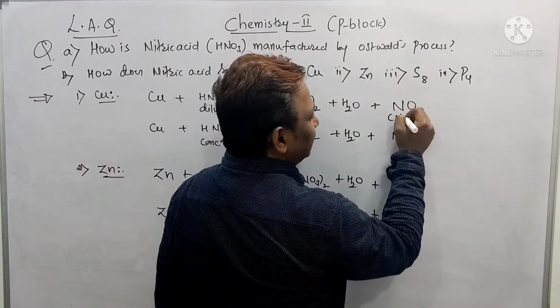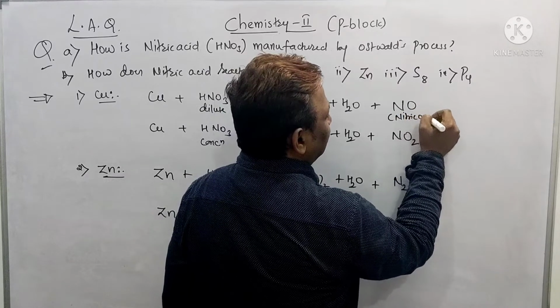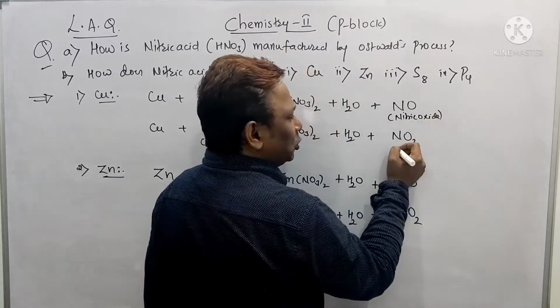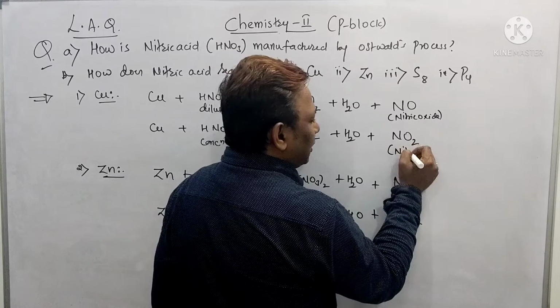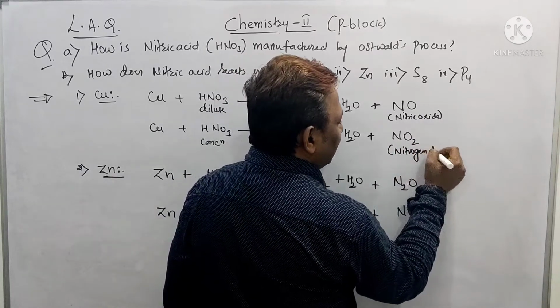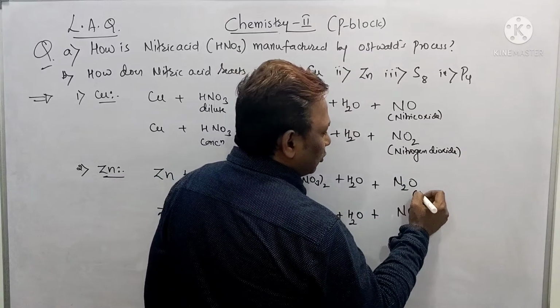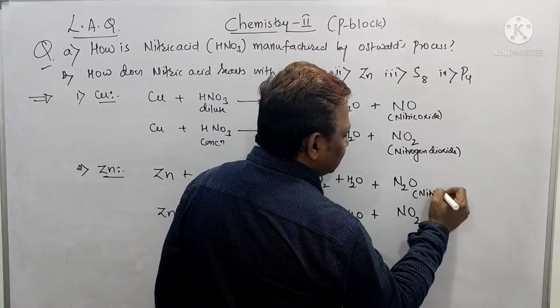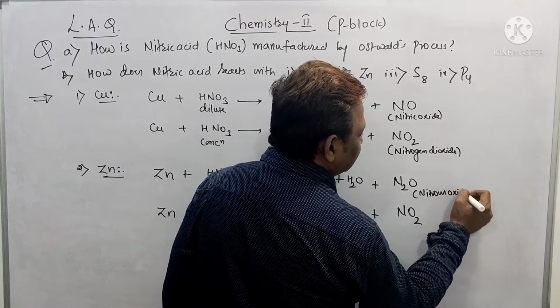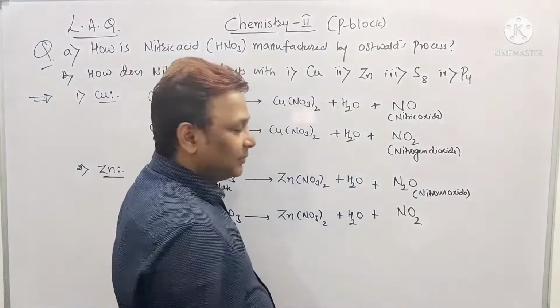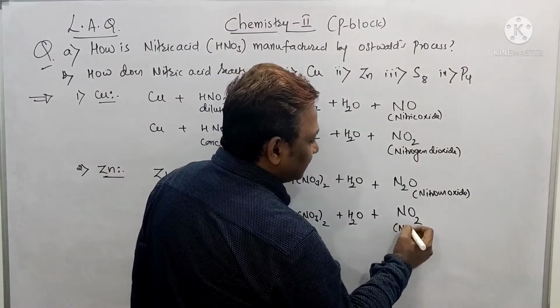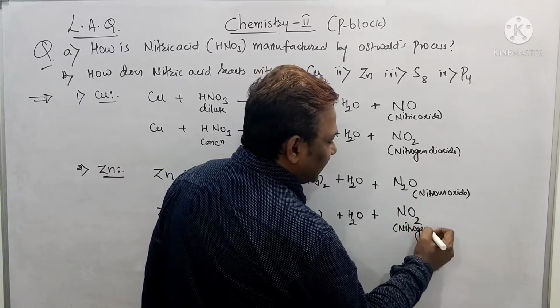Sir, it is called nitric oxide. What is NO2 called? Sir, NO2 is called nitrogen dioxide. But what is N2O called? Sir, N2O is called nitrous oxide. Do you know nitrous oxide is nothing but laughing gas. And NO2 is called nitrogen dioxide.